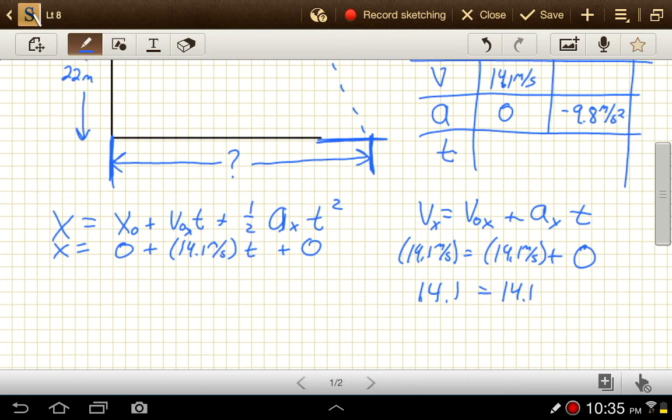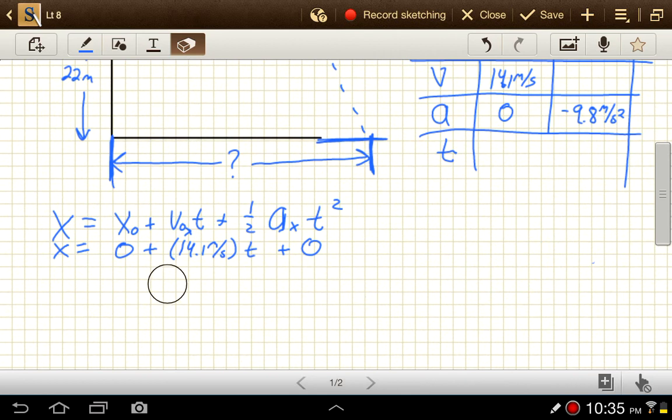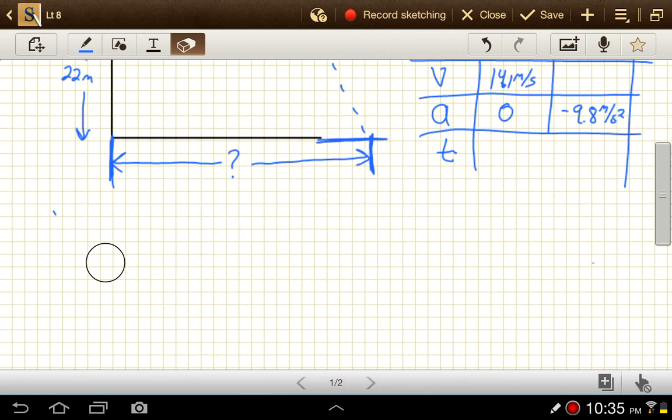Not a really useful answer, but it's true, I guess. Anyway, let's come back to the x direction once we've figured out time in the y direction.